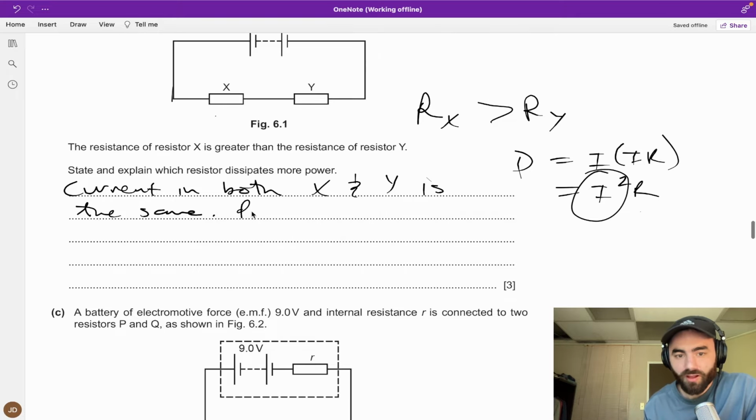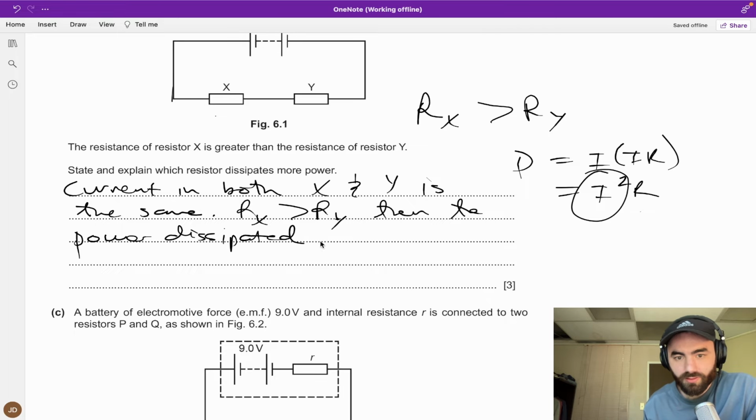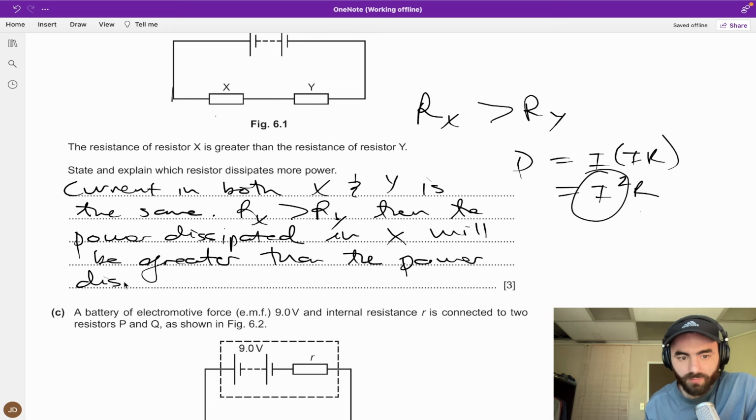So if Rx is greater than Ry, well then the power dissipated in X will be greater than the power dissipated in Y. Px is greater than Py.